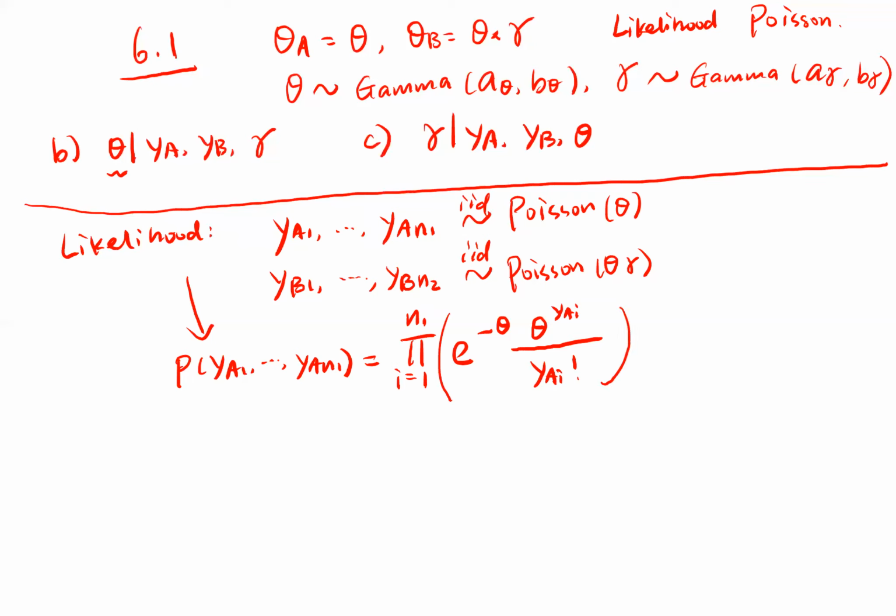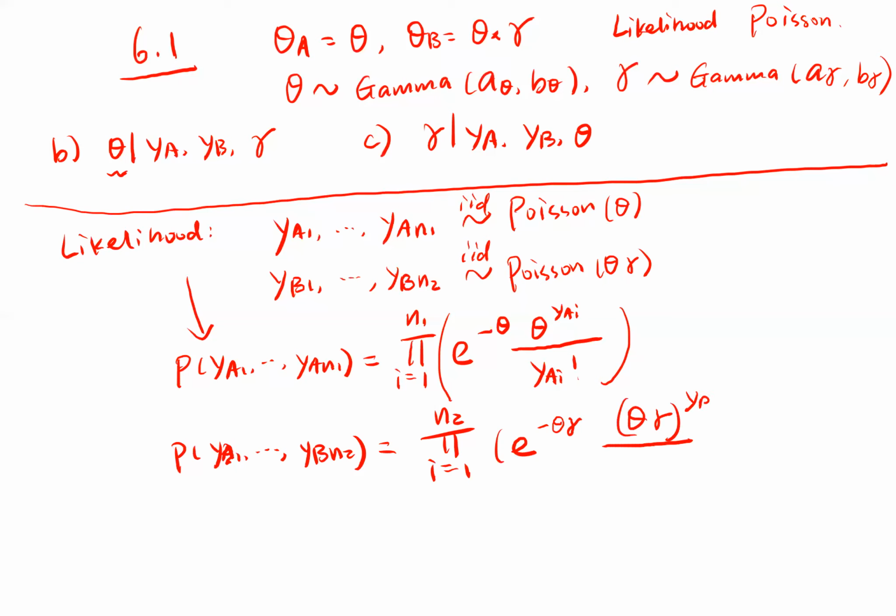And then the joint of YB1 until YBN2 will be the product over i from 1 to N2. So here is e to the power of negative theta times gamma, and then theta gamma raised to the power of YBi divided by YBi factorial. Okay?